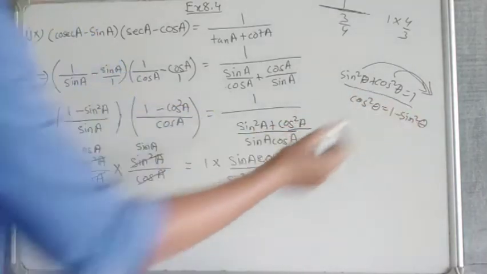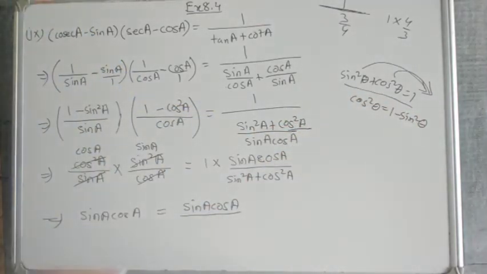Sin square A plus cos square A equal to 1. So this whole thing becomes 1. Understand now? This implies LHS equal to RHS.